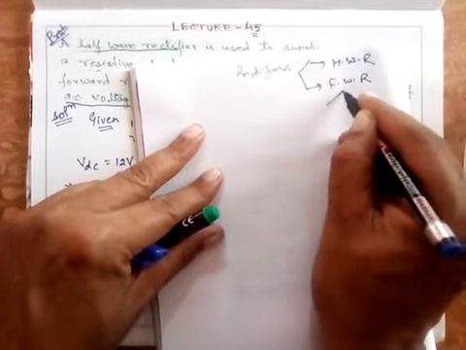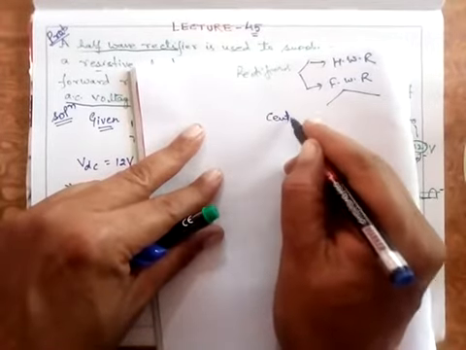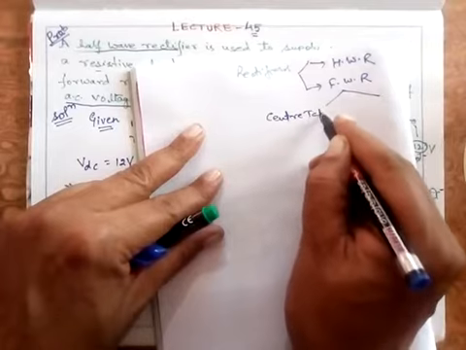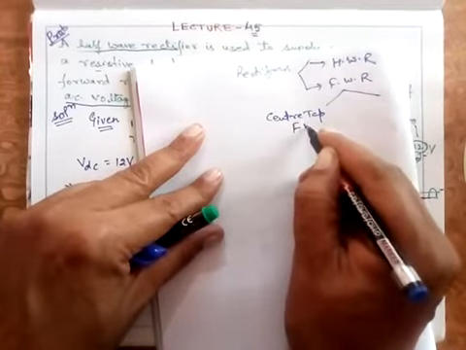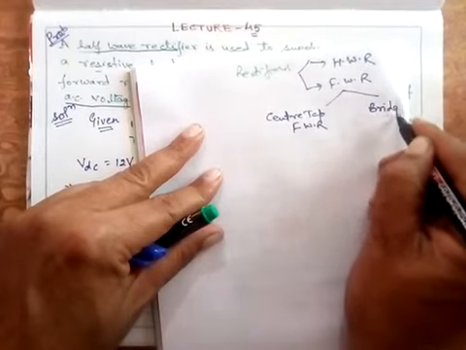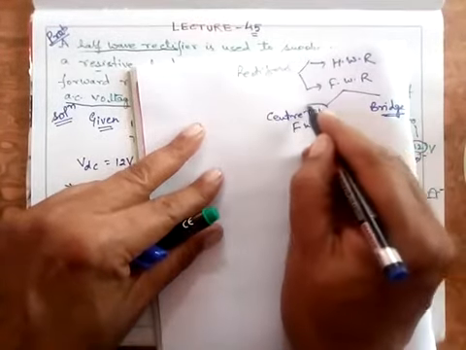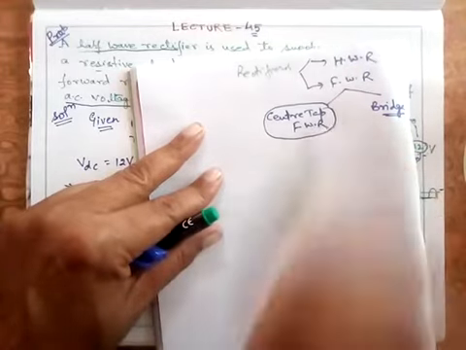Then further, this full wave rectifier, I told you, is center tap full wave rectifier, and another type of full wave rectifier, which is called a bridge rectifier. So I'll start with this center tap full wave rectifier.